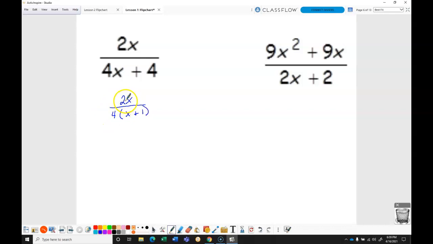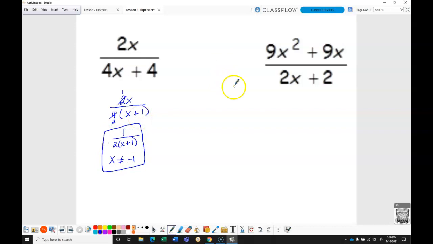Because this 2 is attached through multiplication, it's something I can actually start canceling out. They're both divisible by 2, so 2 divided by 2 is 1, 4 divided by 2 is 2. Looks like I'm getting 1 divided by 2, x plus 1. And my restriction is x cannot equal, and go up to this one, negative 1.